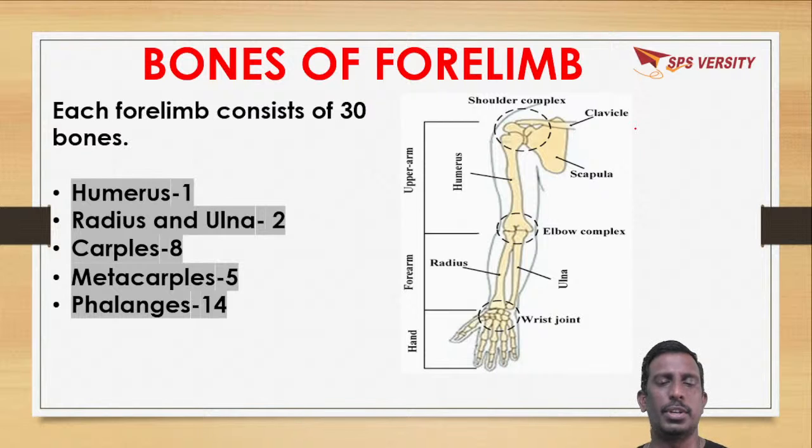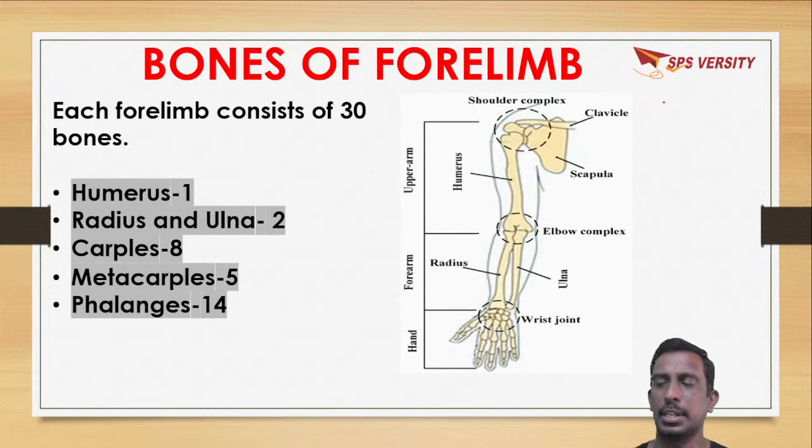So till now what we discussed is the axial skeleton, that is the skull, vertebral column and the ribs. And now we are going to discuss the appendicular skeleton. In the appendicular skeleton we will come across limbs and girdles.